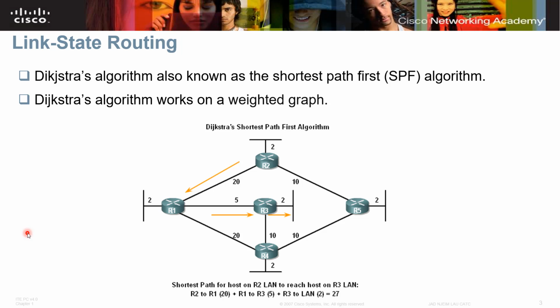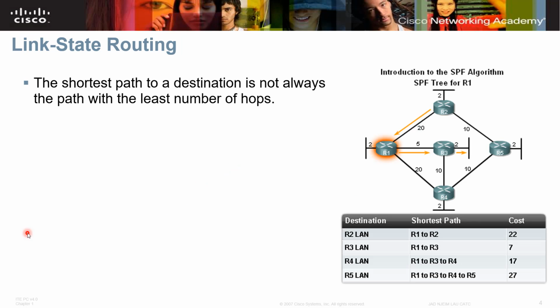Shortest path first generates the weighted graph by exchanging link state updates between routers and building a link state database. We can generate this weighted graph at each router, and then using the Dijkstra algorithm we select the minimum cost path to all destinations, and this minimum path is put in the routing table.